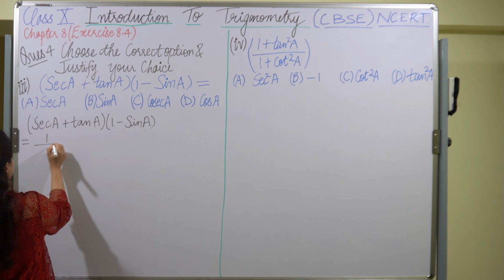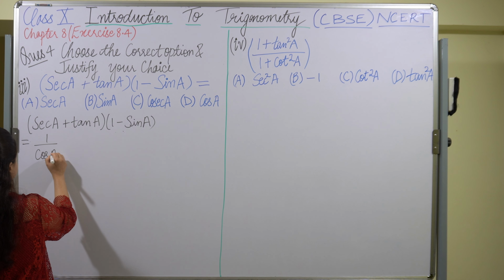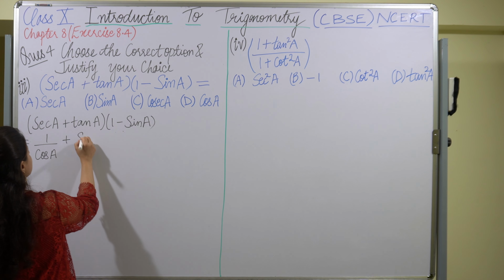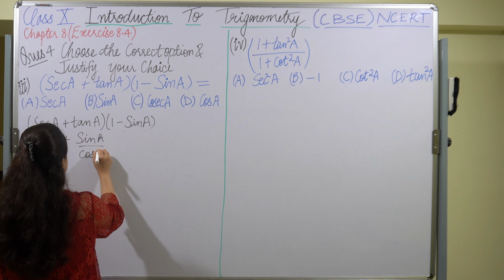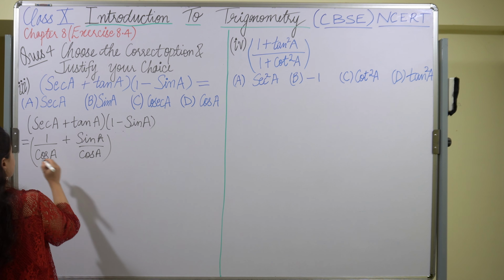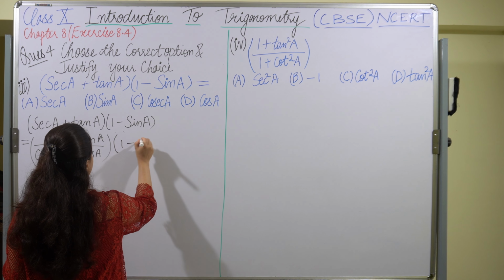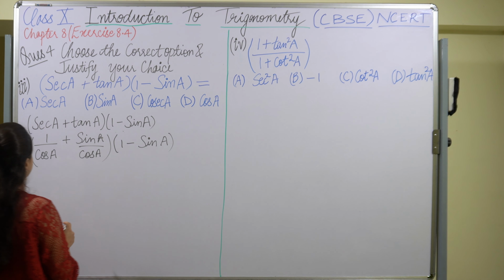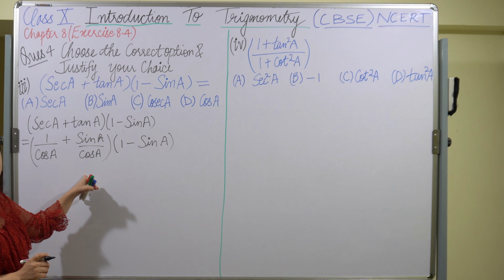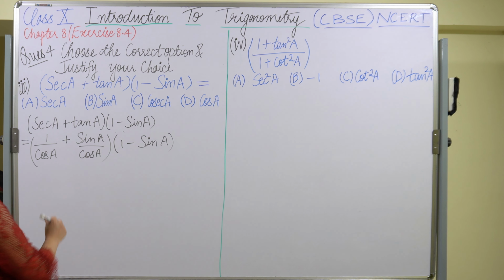So sec can be written as 1 upon cos A plus sin A upon cos A, times 1 minus sin A. Taking the LCM over here, cos A will be the LCM.